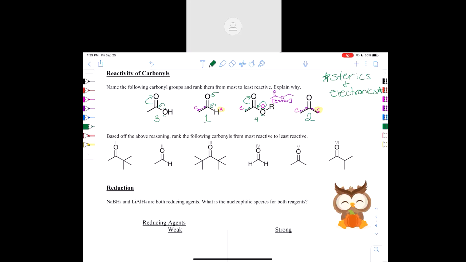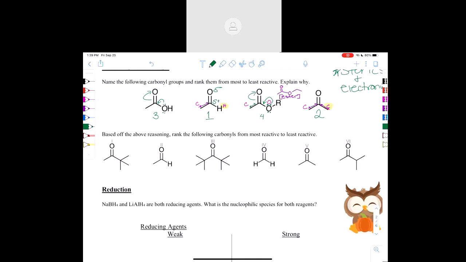Well, at first I was looking at which ones had hydrogens, because it would have the least steric hindrance, and the fourth one had 2 hydrogens, and the second one had 1. So I presumed that the first one would be number 4.